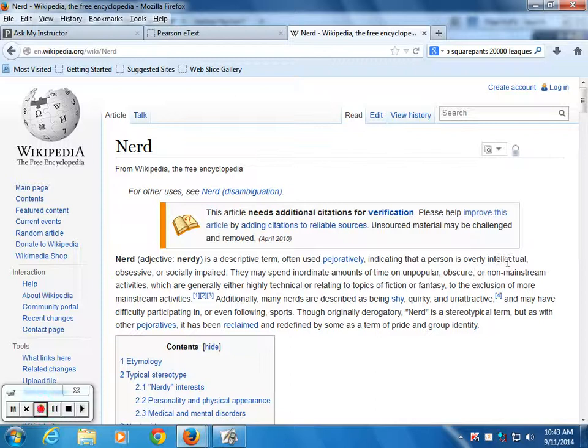Indicating that a person is. Got it. It'll give you the true definition of it. Are you finished? Overly intellectual, obsessive, or socially impaired. So there's a little bit of a difference.